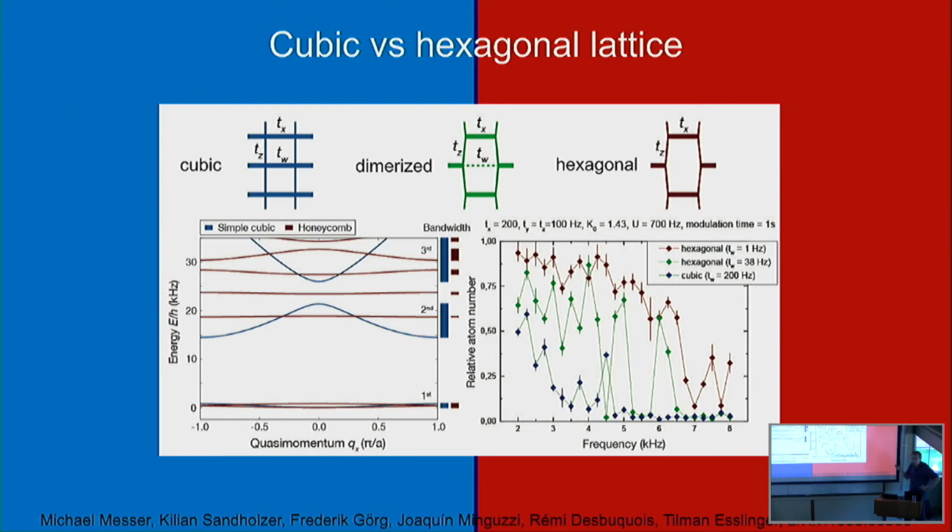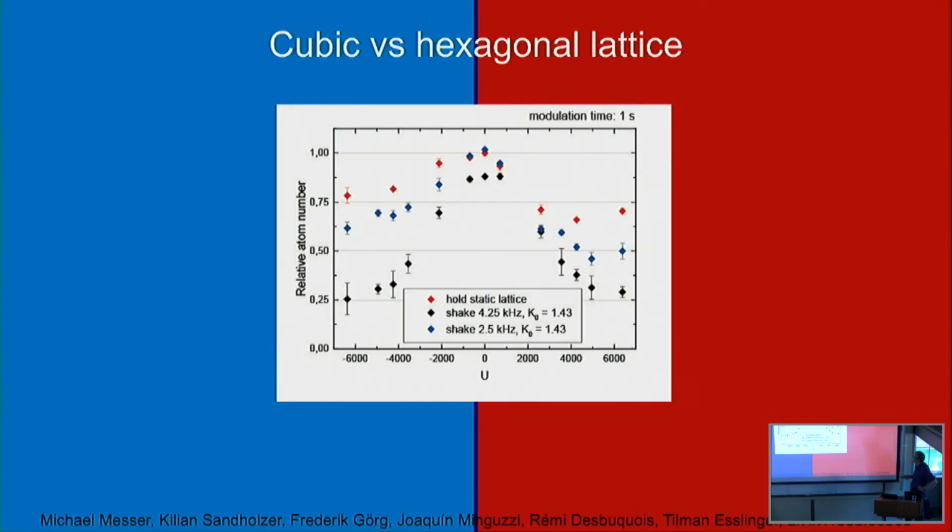And then the other question that you had, as a function of U. So here the horizontal axis is U, of course tuned using a Feshbach resonance, and the static lattice is the red curves. So that's the relative atom number after 1 second in the static lattice, the red curve.